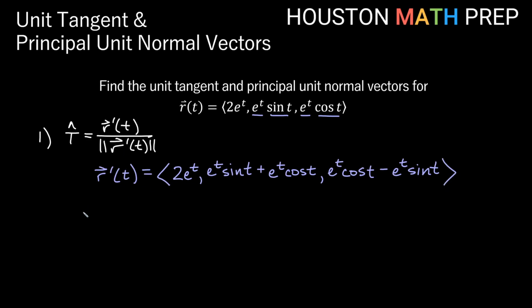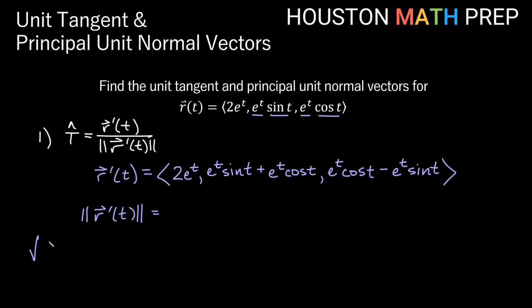Now we'll need to figure out what is the magnitude of r prime, and you can see this might be a little bit of work, but we're going to get through it. I'm going to start down here because it's a lot to write. So we'll have the square root of all of these things squared, right?